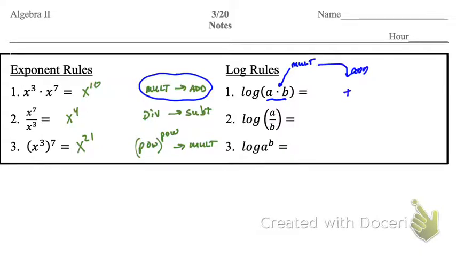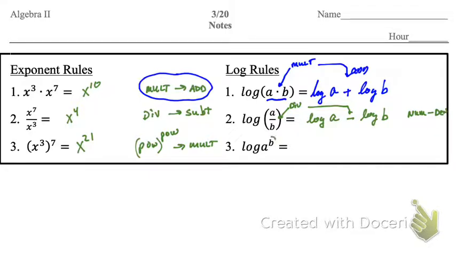We'll be adding a log plus a log: the log of A plus the log of B. If we see a division here, then over here we will see a subtraction, a log minus a log: the log of the numerator A minus the log of the denominator B. So that's always numerator first minus denominator.